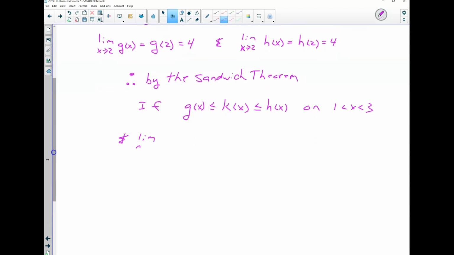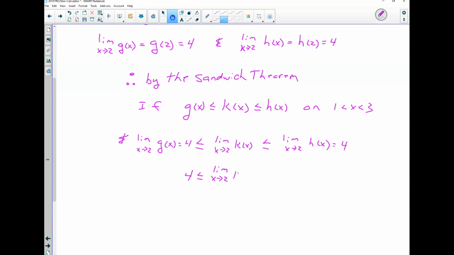and the limit as x approaches 2 of g of x equals 4, that's going to be less than or equal to the limit as x approaches 2 of k of x, which is less than or equal to the limit as x approaches 2 of h of x, which is 4. I know the limit of k of x is 4.